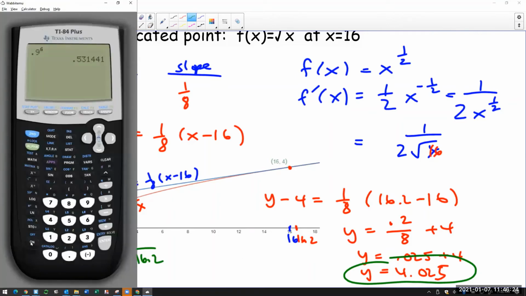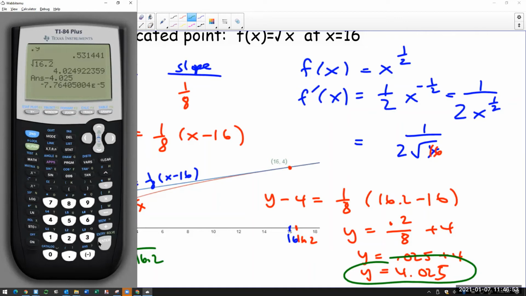Let me go to my calculator and see how far off I am. The square root of 16.2. Not bad. This is going to work. 4.025. I mean, it's almost exactly the same. Do you see that? If I wanted the error, I would subtract 4.025 from it. And look at that. The error is so small, you can't even tell what number that is.